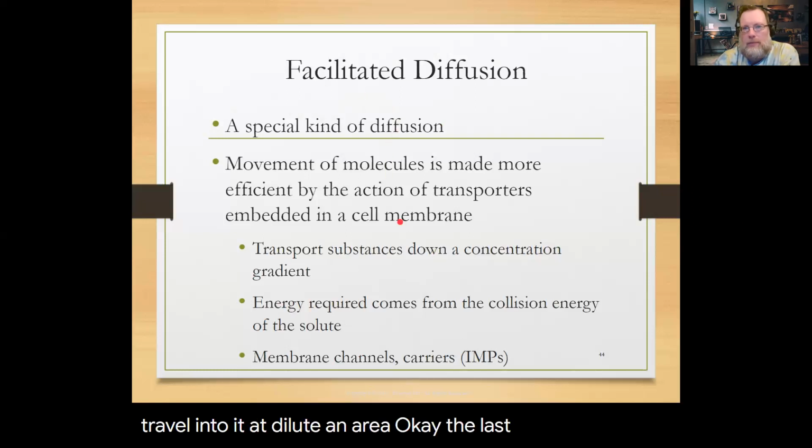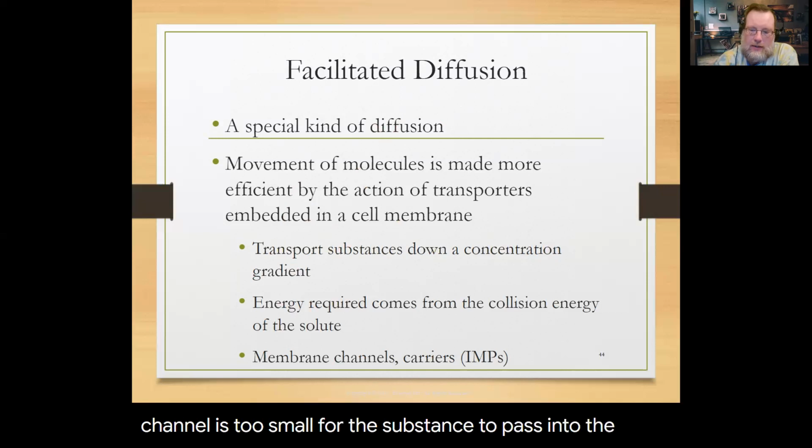Okay, the last type of passive transport. So we have simple diffusion, osmosis, and now facilitated diffusion. That just means the pore size or the membrane protein or the channel is too small for the substance to pass into the cell.